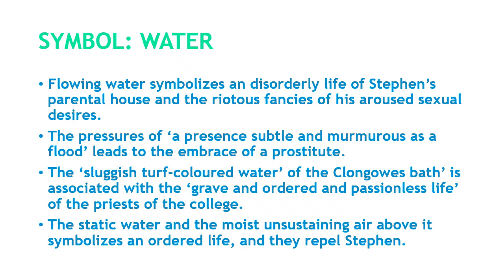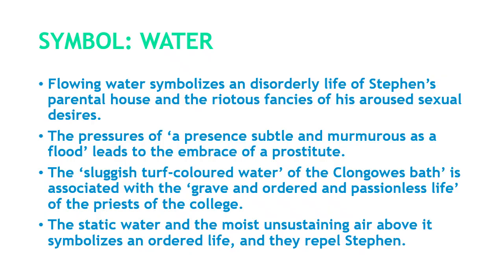Next symbol is water. Flowing water symbolizes a disorderly life of Stephen's parental house and the writer's fancies of his aroused sexual desires. The pressures of a presence subtle and murmurous as a flood leads to the embrace of a prostitute.